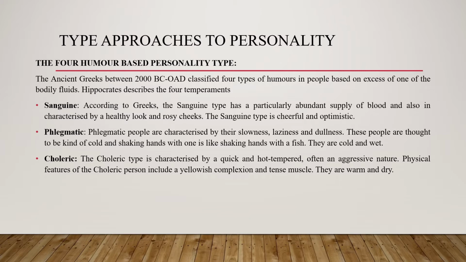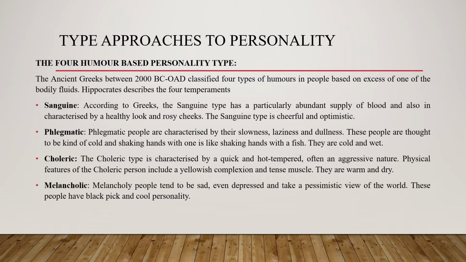These people are very hot tempered, which means they get angry very fast, and mostly they are aggressive by nature. They get angry all the time over a silly or small thing. If you see a person who gets angry all the time, that means they are choleric type.